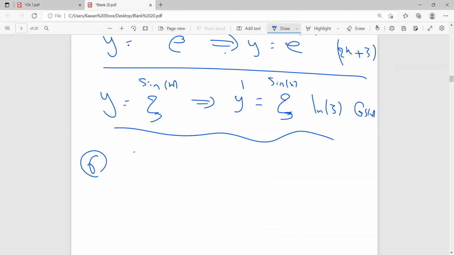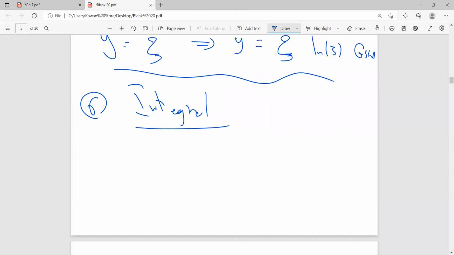The last one, it was integral. It was number 5 and number 6. I don't know how many properties we wrote. Anyway, maybe 5, 6. The important things: the graph, the domain, range, limits, properties, derivative, and integral.